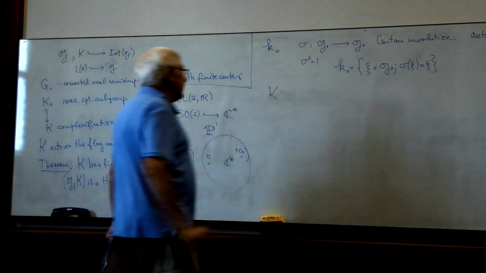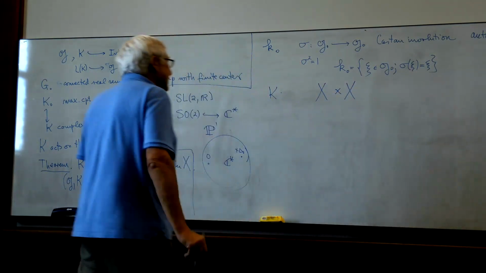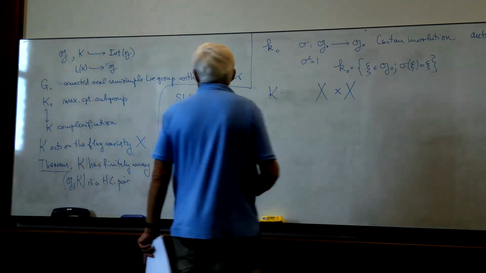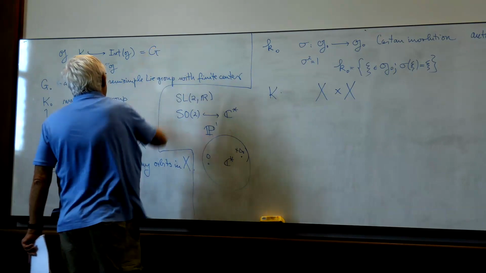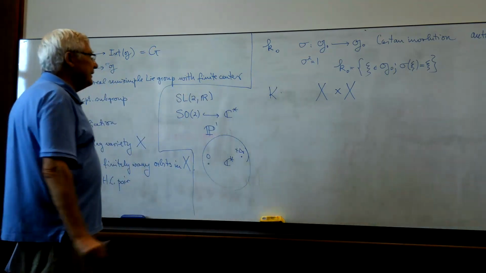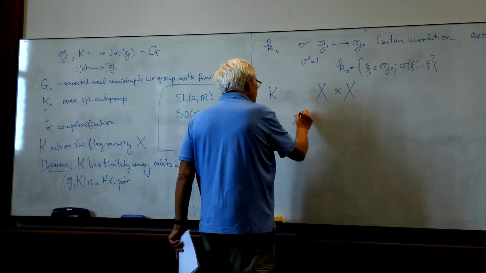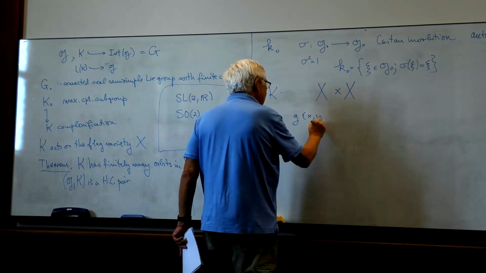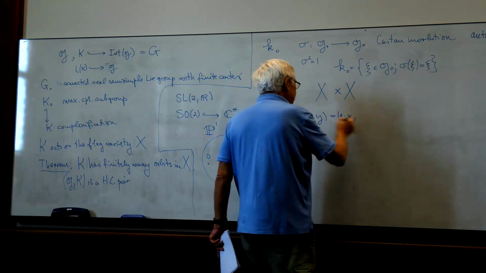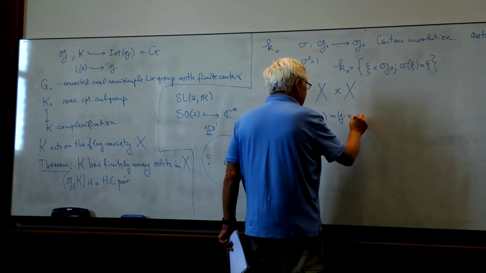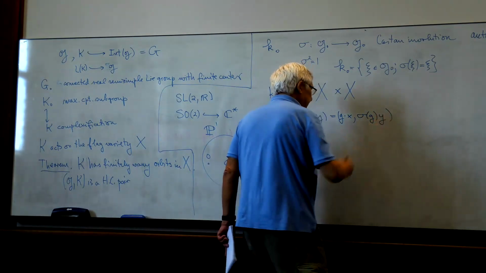So we look at 2 copies of X, of the flag variety, and we define the action of the group G. So I define g acting on (x, y) by applying the standard action to the first coordinate, and then twisting the action by sigma on the second variable.